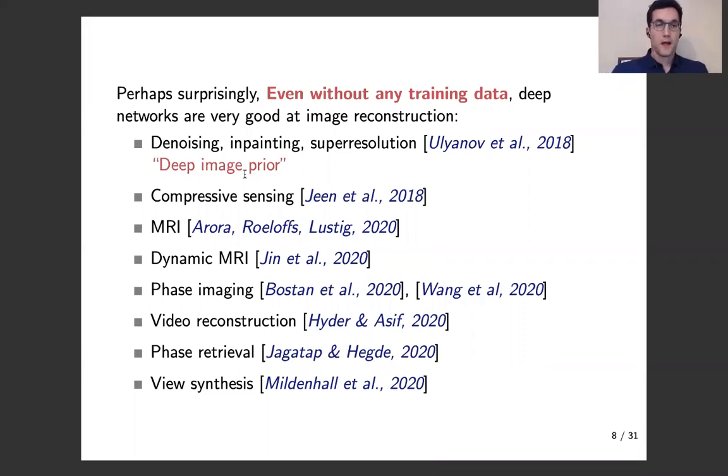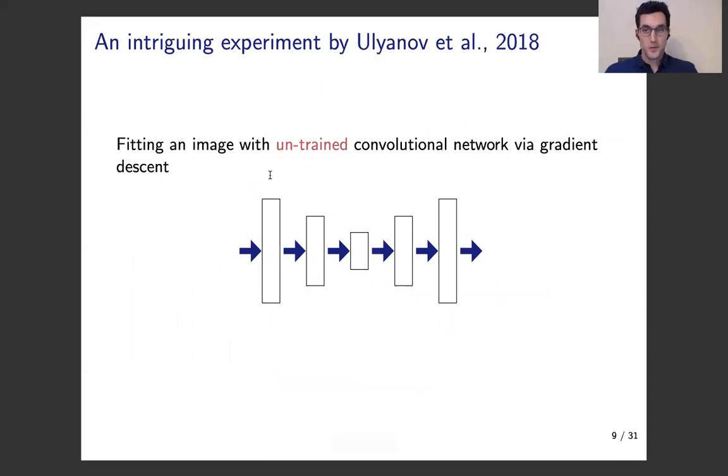So let's start with a concrete example of how that can work. The concrete example is this observation from the deep image prior paper. The experiment that they performed is as follows. They took an untrained convolutional network, an autoencoder type network. In particular, they took a UNet, which is a very standard, off-the-shelf autoencoder.